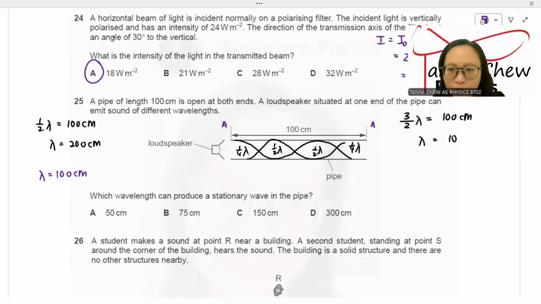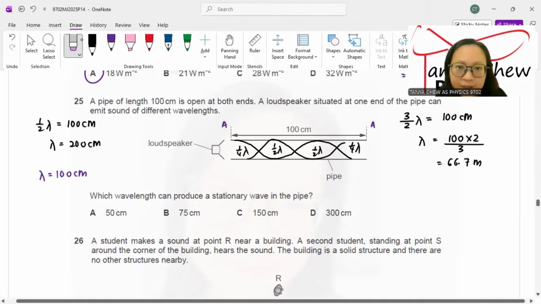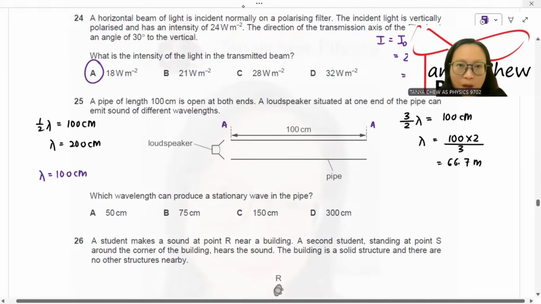Lambda is equal to 100 times 2 divided by 3. 200 divided by 3, that is 66.7 cm. I don't have the answer as well. Never mind, I just increase more and more wavelengths inside the pipe.